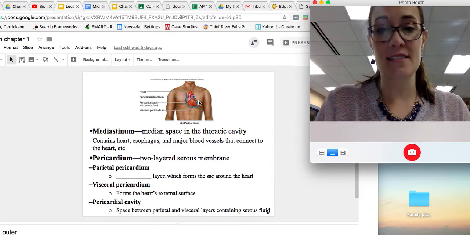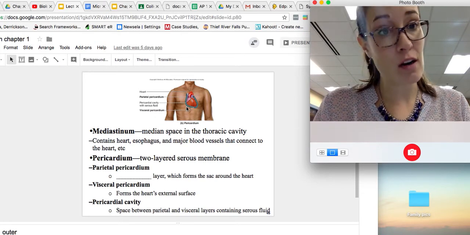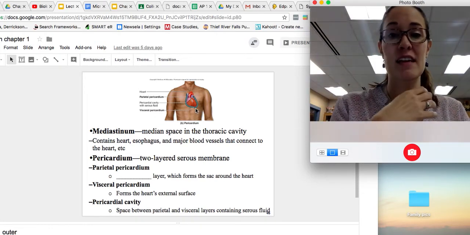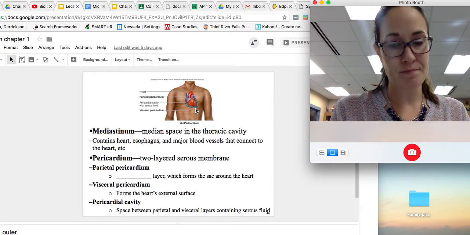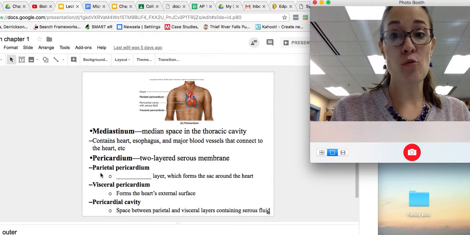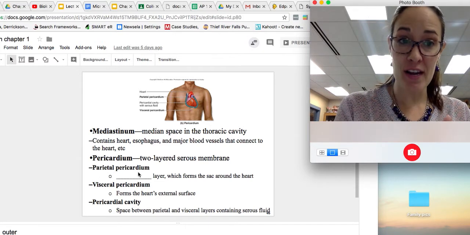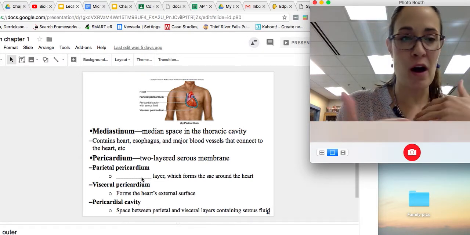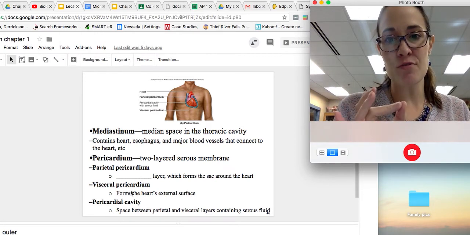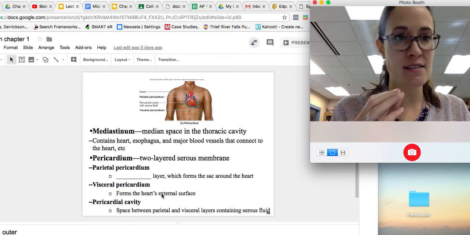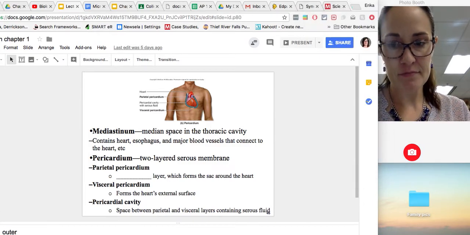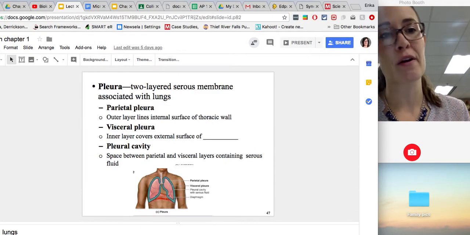Within the mediastinum, you have the pericardium. And you can see it in the nice blue there. That is the layer around the heart. The parietal pericardium is the outer layer. Now we're getting words upon words. And then the visceral is right next to the heart, like skin on a grape. And the space between them is called the pericardial cavity.